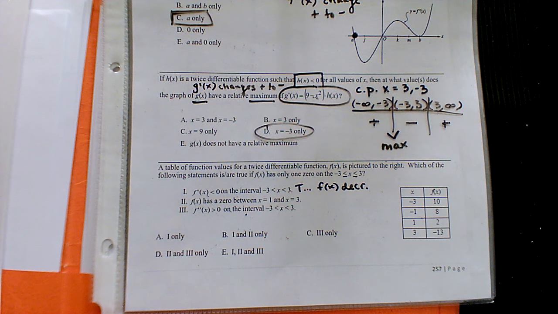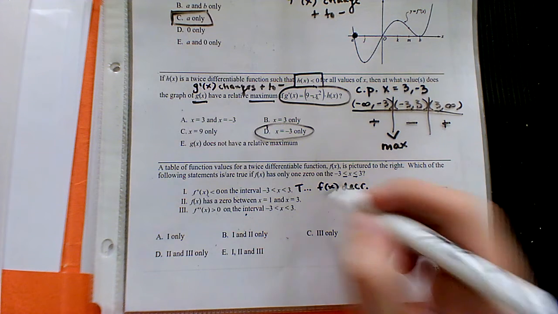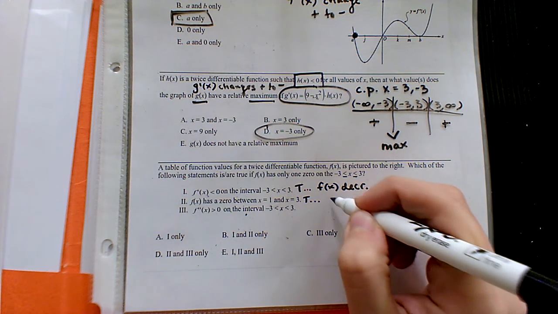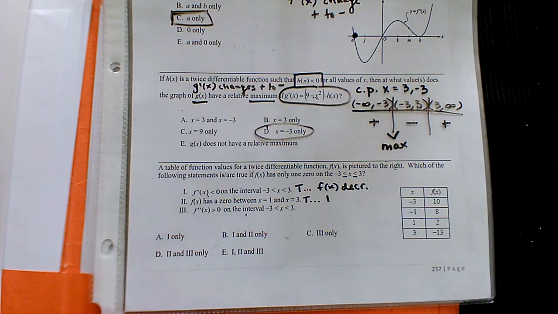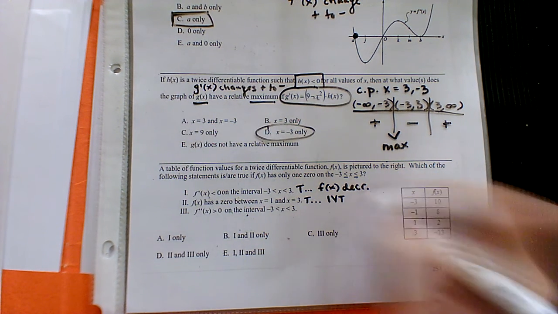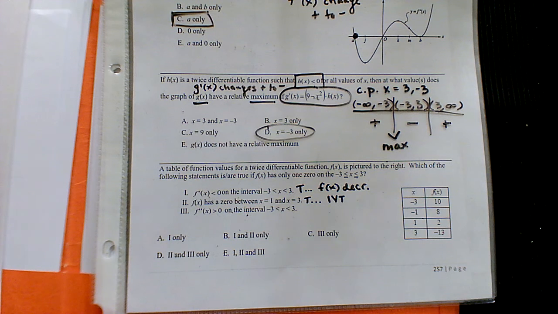All right. F of x has an x-intercept between 1 and 3. Yes. Why? It changes sign, okay? That's our intermediate value theorem from earlier this year.